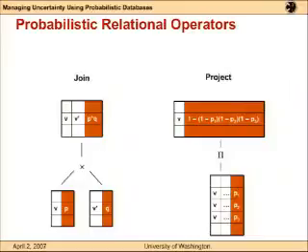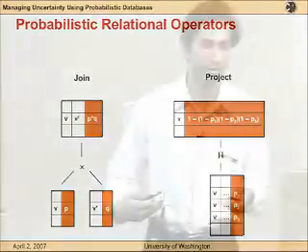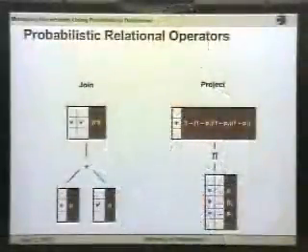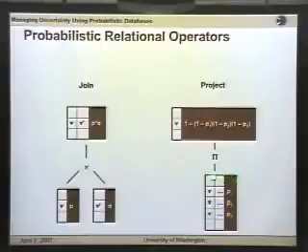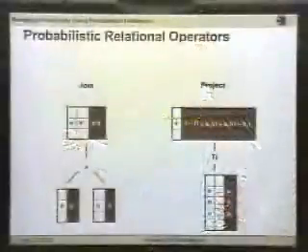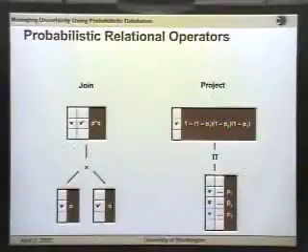Now let's try to extend these operators to also compute probabilities. Here's how you may go about it. If you're joining two tuples, you compute a new probability which is just their product. And if you're doing a projection that collapses several tuples into the same tuple, you just use this formula, which is the probability that at least one of them exists.